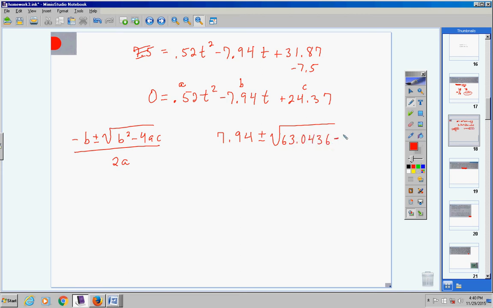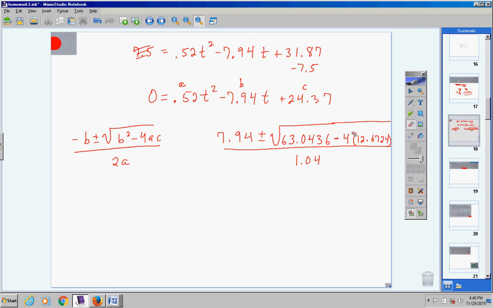And then negative 4, and then AC. So A times C, 0.52 times 24.37, we're going to get 12.6724, all over 2A. A is 0.52, so 2 times 0.52 is 1.04.